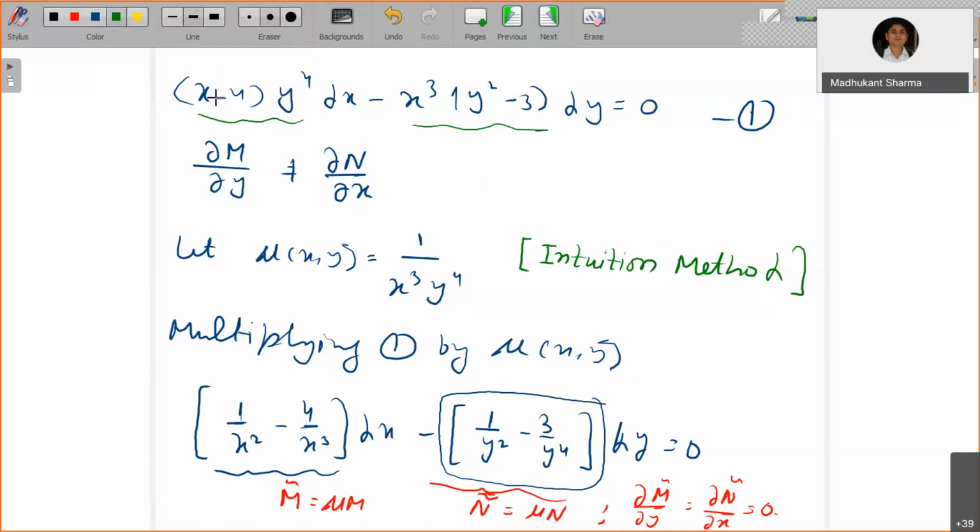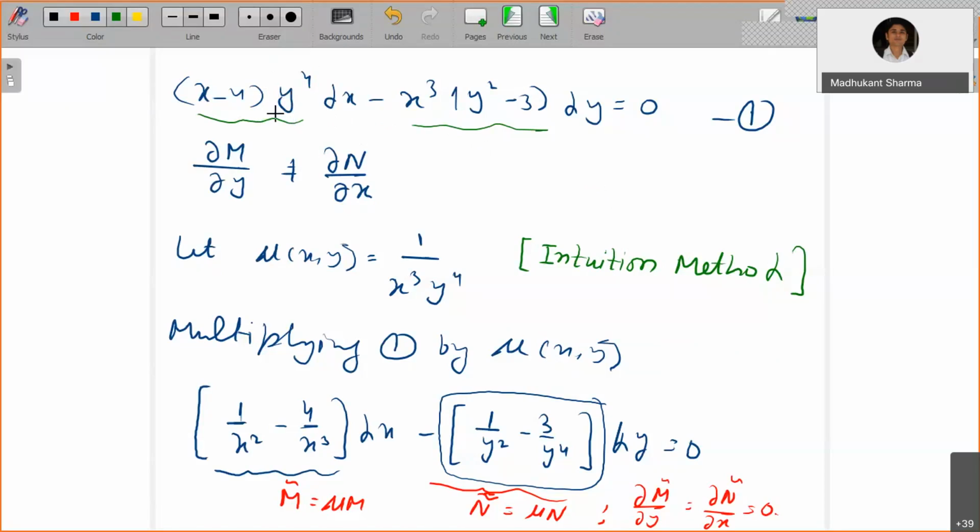The first term is of degree 5 and the second term is of degree 4. So it's not falling into the special case of y times f of xy and x times f of xy.